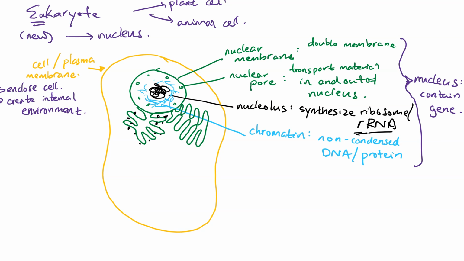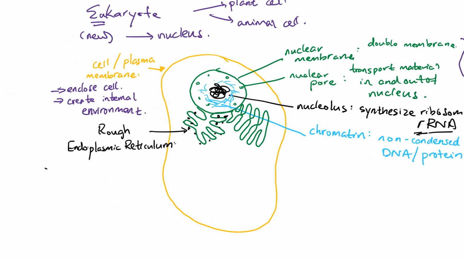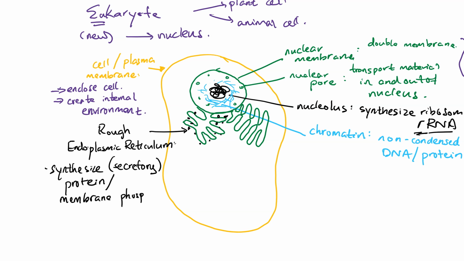Right? So here, rough endoplasmic reticulum. The function of rough endoplasmic reticulum is to synthesize protein, usually secretory protein, and it can also be used to synthesize membrane phospholipid.